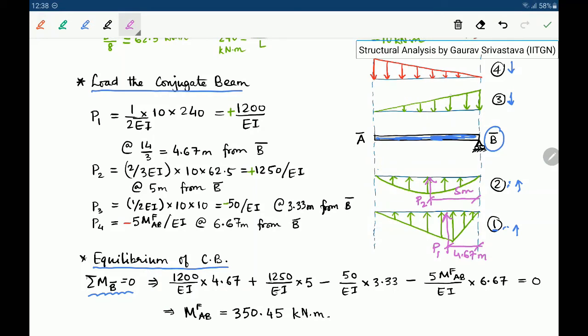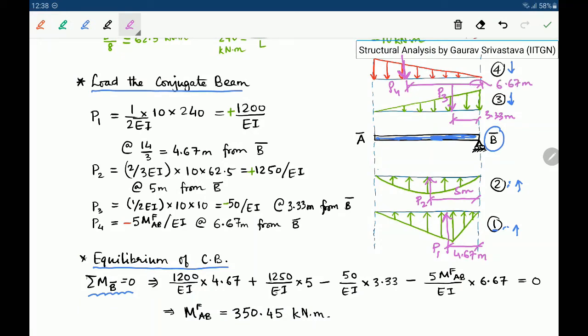The triangular load from the concentrated moment we call P3, and we can find that it is acting at 3.33 meters from B bar, and this unknown force we call P4, acting at 2L by 3, which comes out to 6.67 meters.